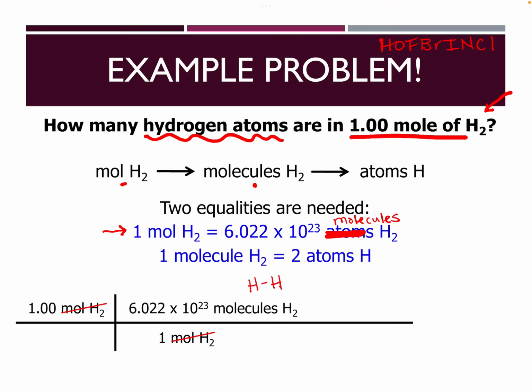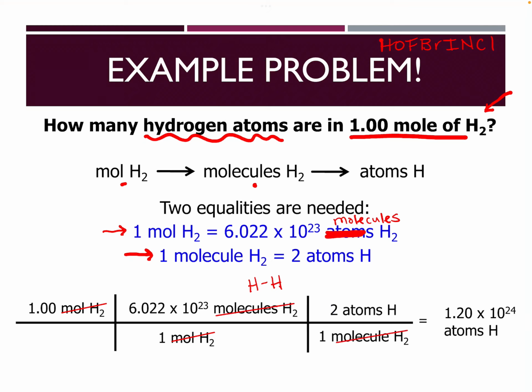So essentially, this problem wants us to break that bond apart and tell us how many individual hydrogens I have. So we can do this just like we've been doing before. 1 molecule of H2 will give us 2 individual atoms of hydrogen. So we'll put 1 molecule of H2 on the bottom and those 2 individual atoms of hydrogen on the top. We can cancel out our units and then we'll get our answer.